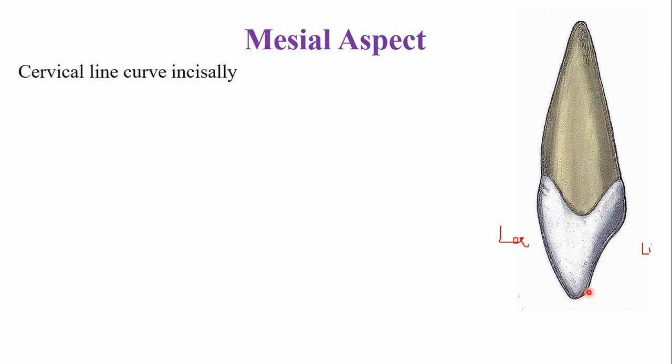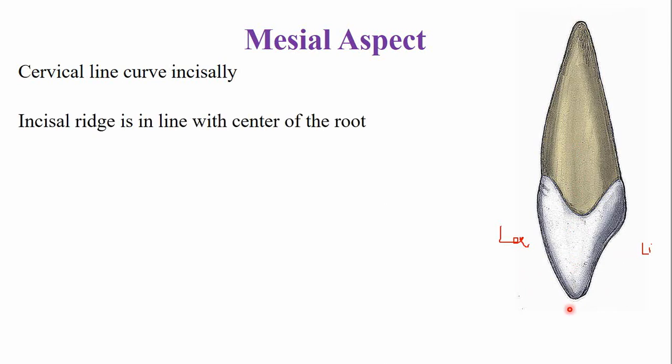The incisal ridge is in line with the center of the root apex. If you draw an imaginary line, the incisal ridge is in line with the center of the root.